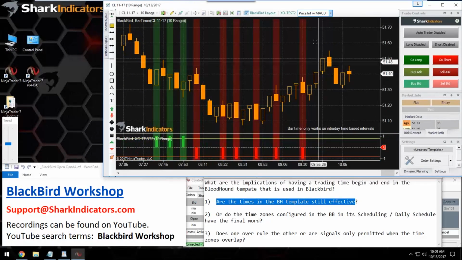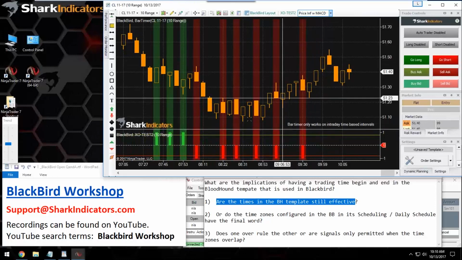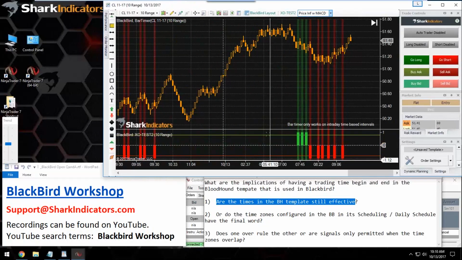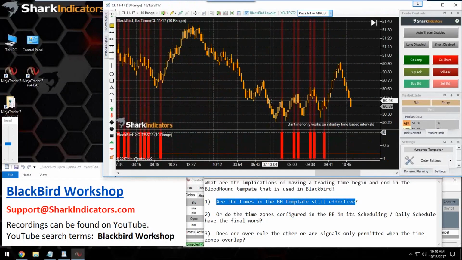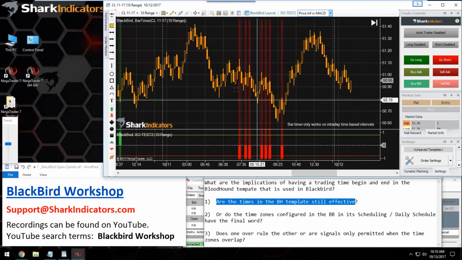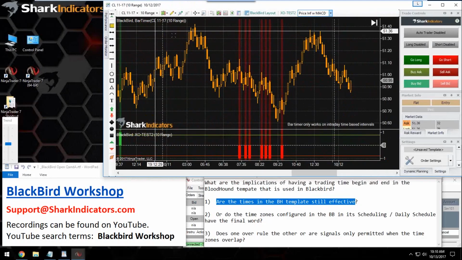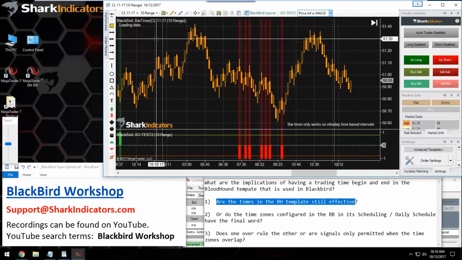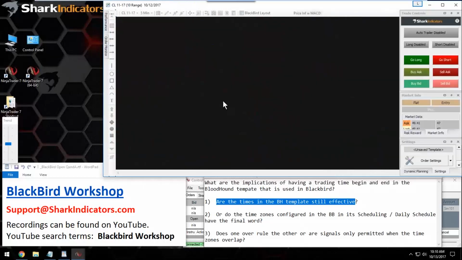So, okay, and all right, let's put the template on here. There. And let's see, let's shrink up the chart a lot. Okay, so let's go back to Wednesday, and let's see, 10 range chart. Yeah, you know what? That's a little too large. How about if we go to a 5-minute chart, something simpler.